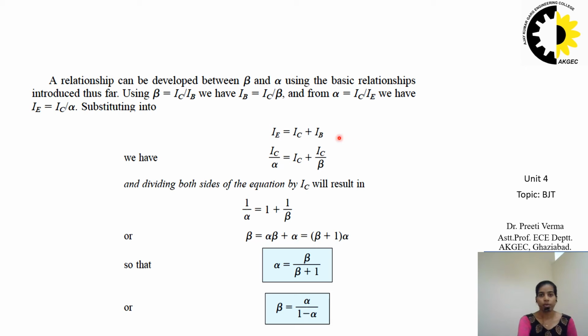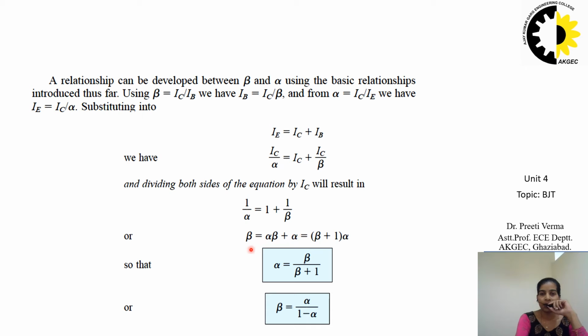And the current equation using Kirchhoff's current law we have written as IE is equal to IC plus IB. So substituting the value of IE as IC upon alpha and IB as IC upon beta, and dividing both sides of the equation by IC, we get 1 upon alpha is equal to 1 plus 1 upon beta.